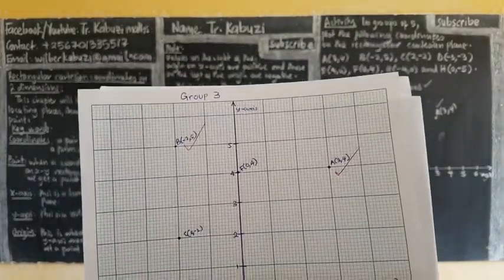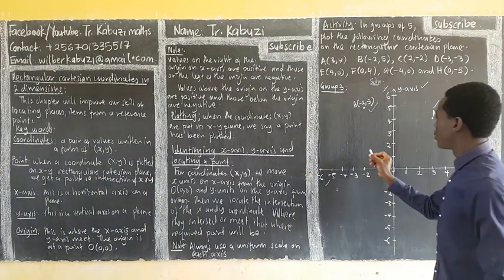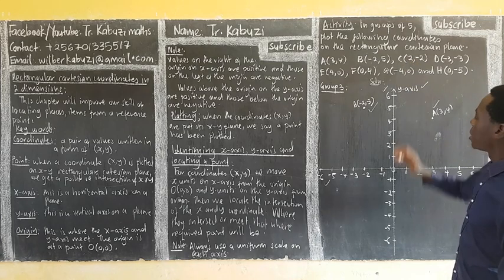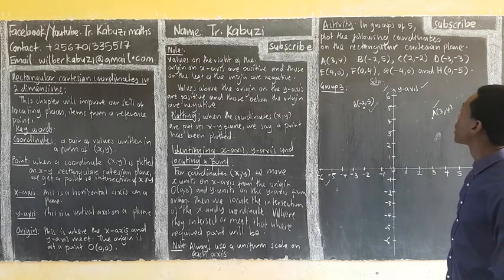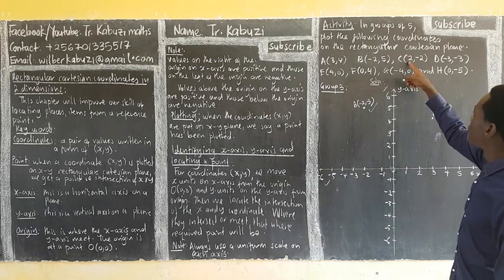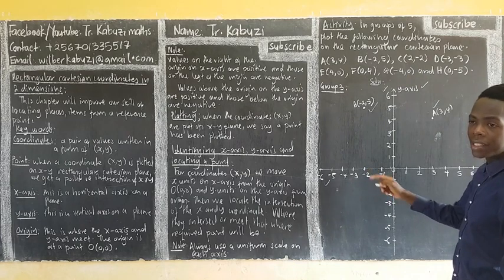Are they right? They have 2, negative 2 here. Are they right? This is positive, and we are seeing for them their x is what? Is negative.